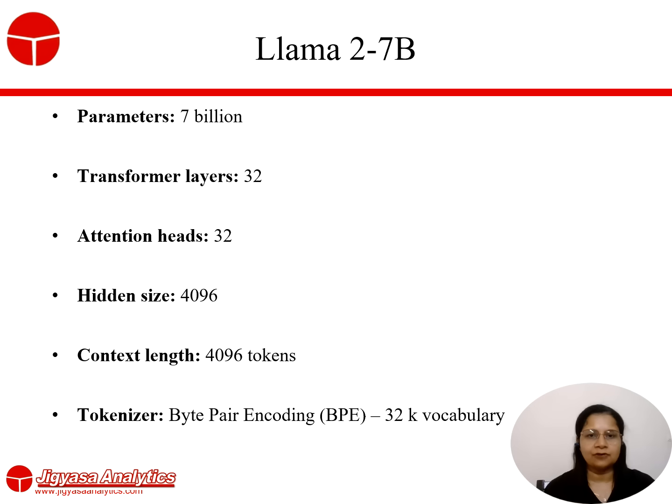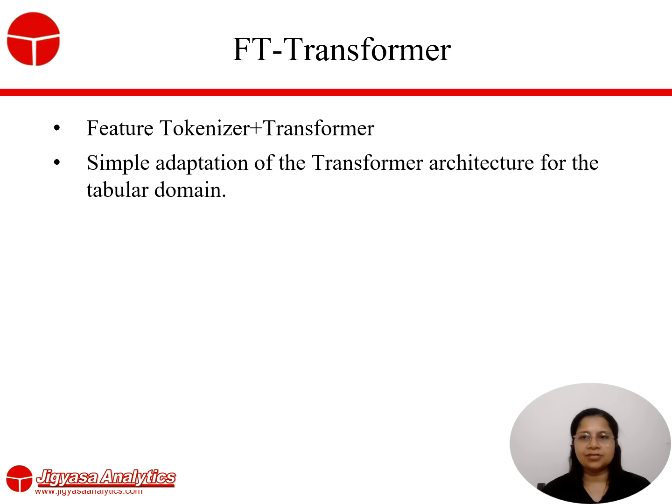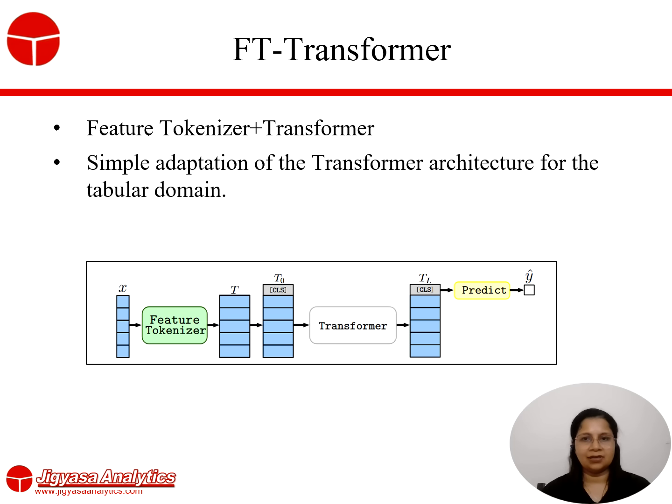FT Transformer, Feature Tokenizer plus Transformer, is a simple adaptation of the transformer architecture for tabular data. Here, each row in a table is treated like a sequence of features. Here is the architectural diagram of FT Transformer. First is the feature tokenizer layer, then the transformer layer.